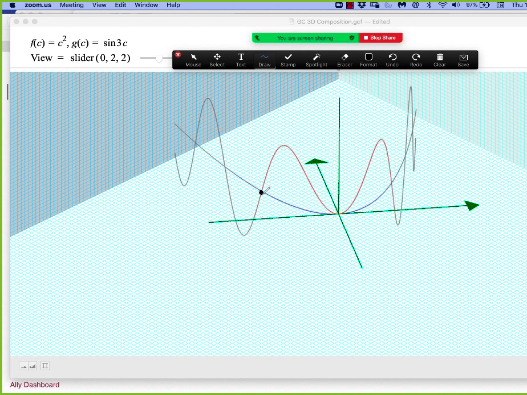I'm going to trace this back to the x-axis. I'm going to call that value x1. Okay, and so your task is to find the value of x1.